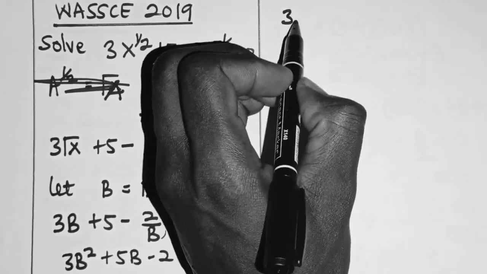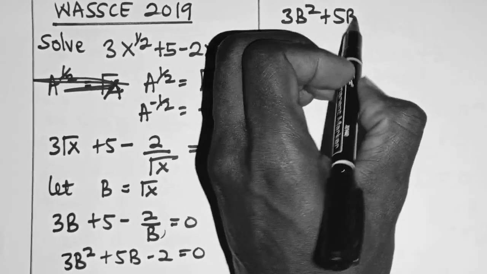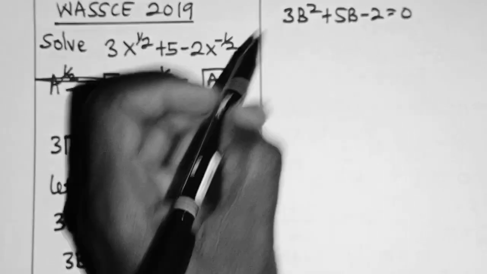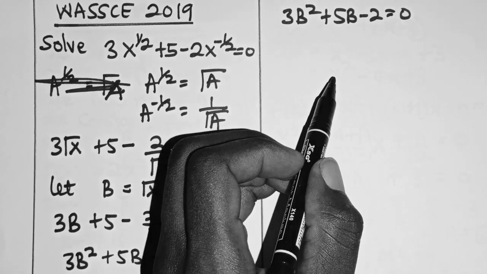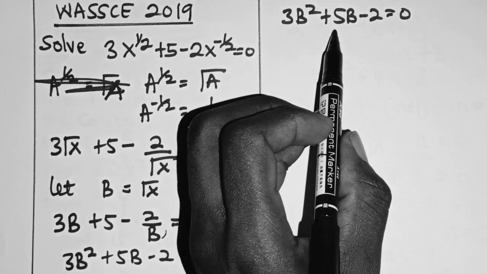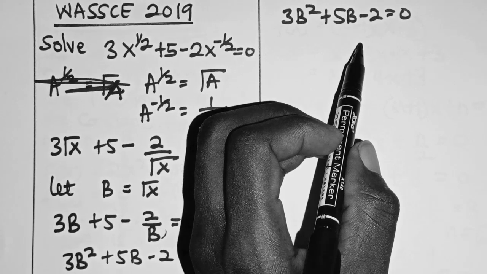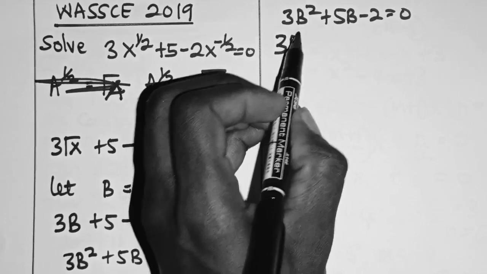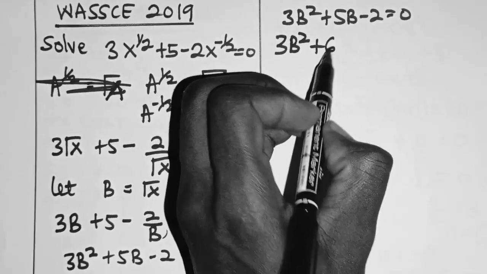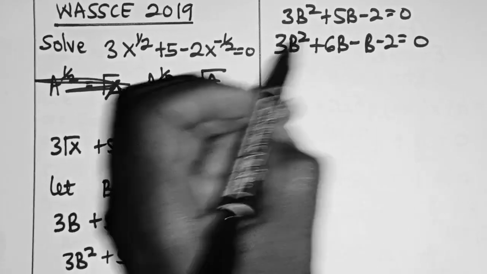It is 3b squared plus 5b minus 2 equals 0. So you see that 3 times minus 2 is minus 6. We need two numbers that multiply to give minus 6, but add to give 5: 6 and minus 1. So it becomes 3b squared plus 6b minus b minus 2 equals 0.